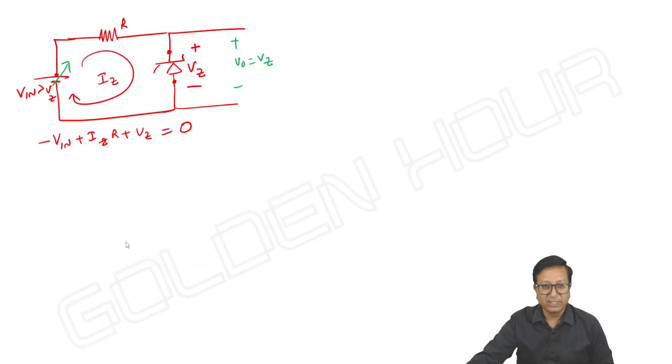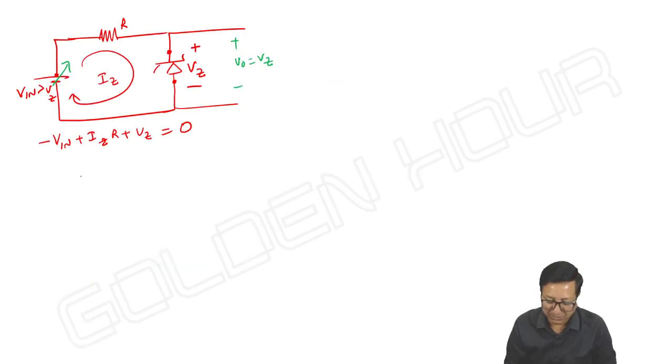So I can prepare one table. I'm just taking a case where the resistor value is around 1 kilo ohm and Vz is around 5 volts, just as an example.